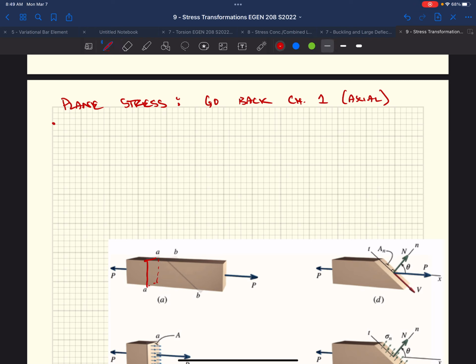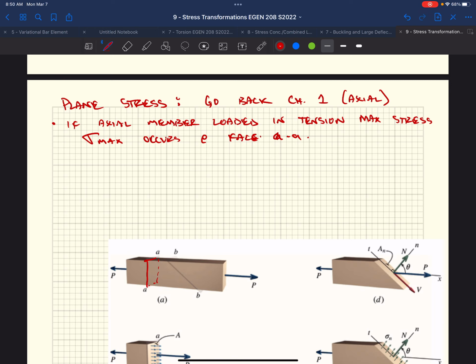So if an axial member is loaded in tension, our max stress, sigma max, occurs at face AA, normal to our load, right?